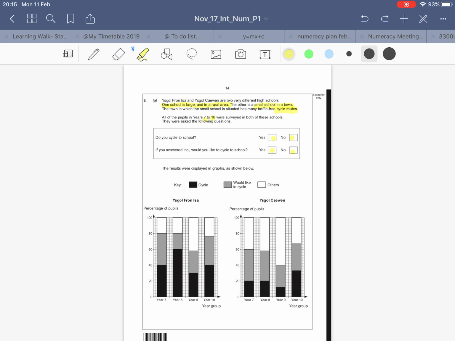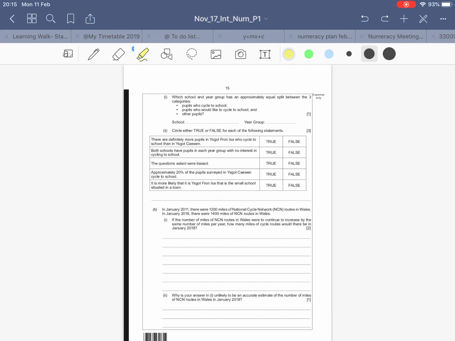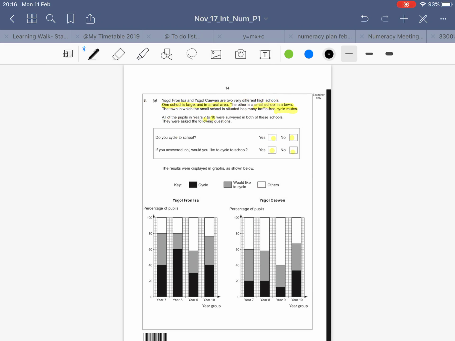Okay, what's the question? Part 1. Which school and year group has an approximately equal split between the 3 categories? Cycling, would like to, and others. So let's have a look. An equal split. Which school and which year group has an equal split?